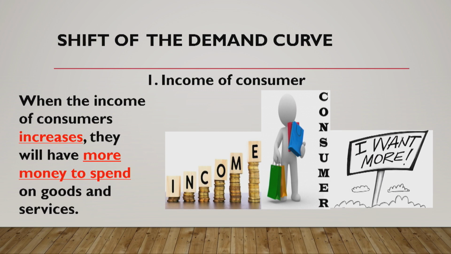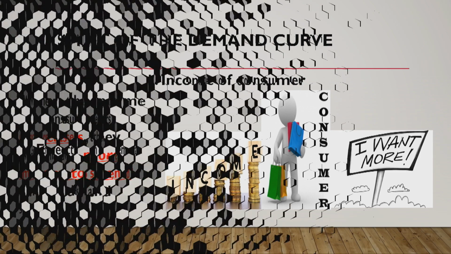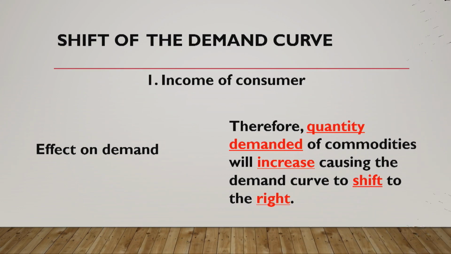Income of consumer. When the income of consumers increases, they will have more money to spend on goods and services. The effect on demand is quantity demanded of commodities will increase, causing the demand curve to shift to the right.